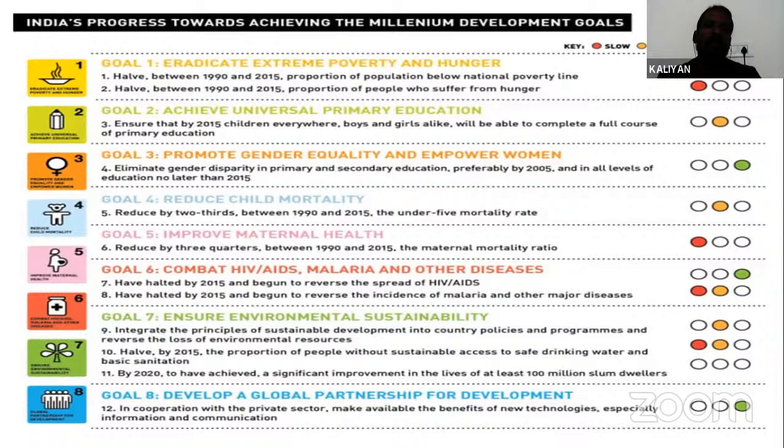Goal fifth is to improve maternal health, reducing the maternal mortality ratio by 3/4. And sixth is to decrease HIV, malaria and other diseases, and ensure environmental sustainability, and develop a global partnership for development.